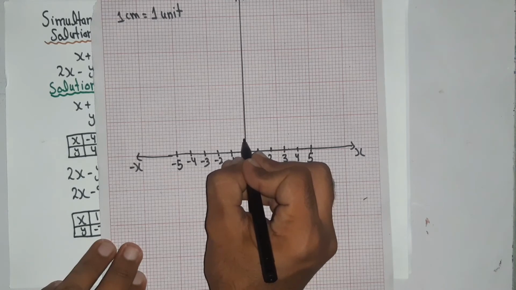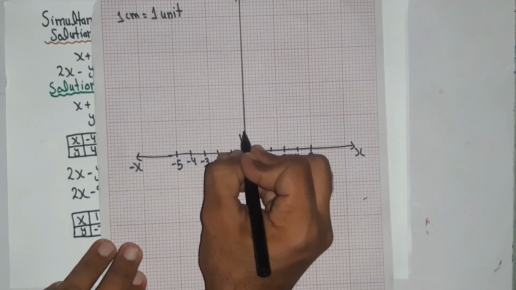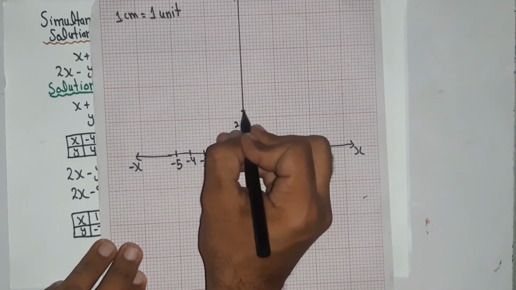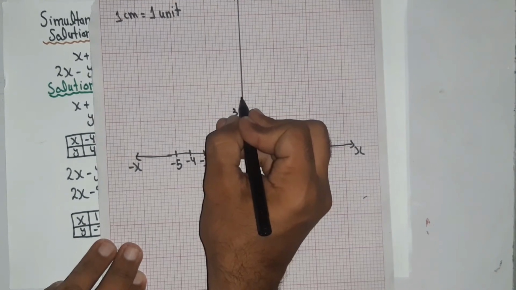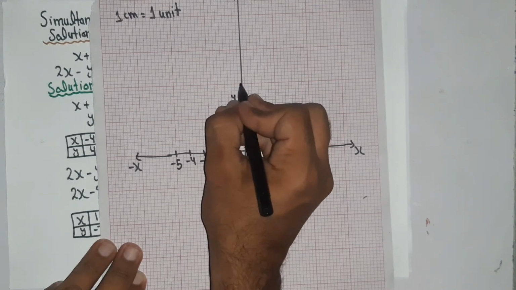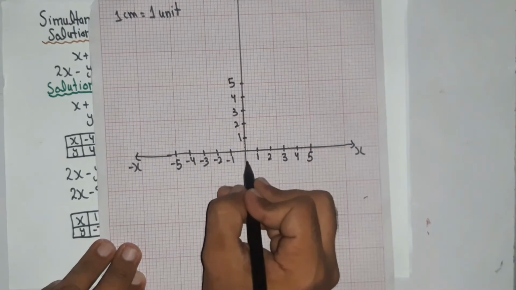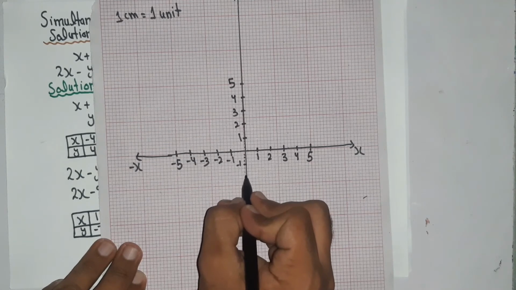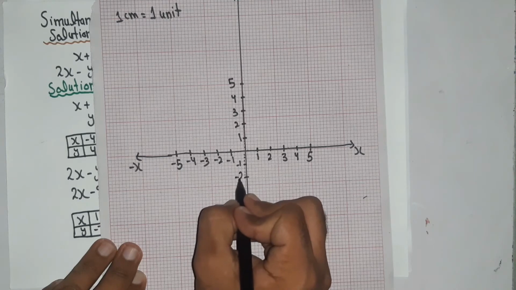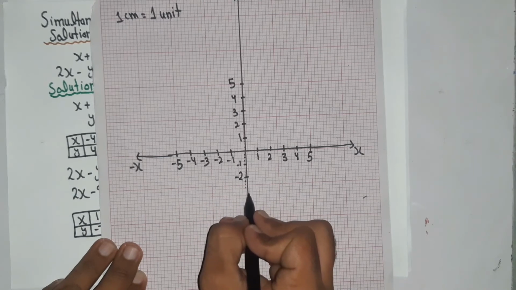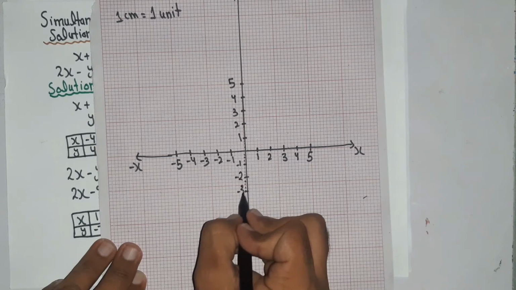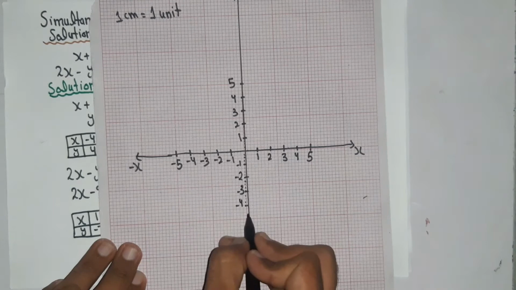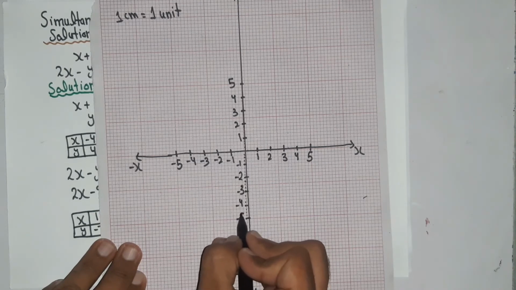Similarly, 1 2 3 4 boxes are equal to 1 centimeter. So 1 2 3 4, we have 2, 3, 4 and then 5. 1 2 3 4, we have minus 1, minus 2, minus 3, minus 4, and then minus 5.